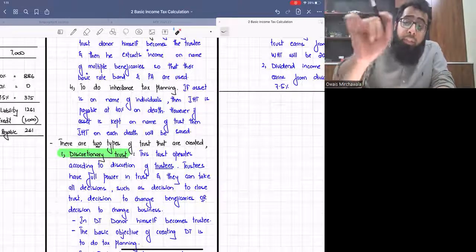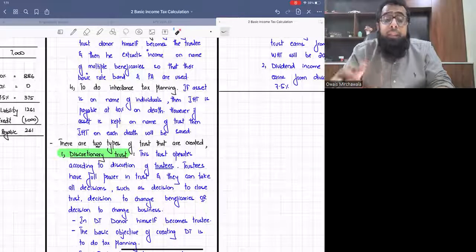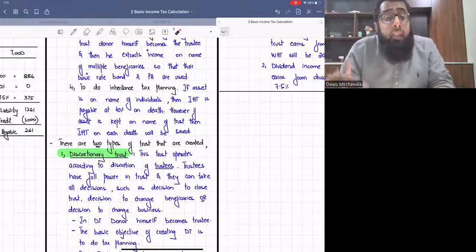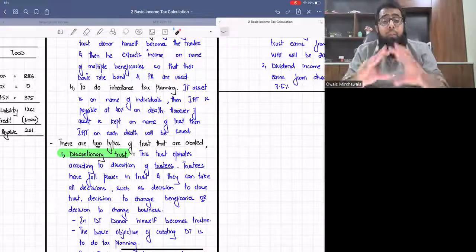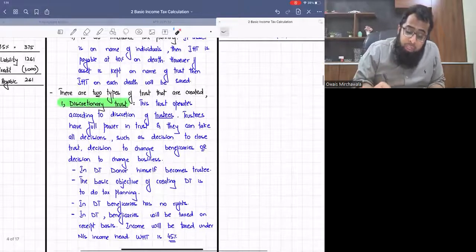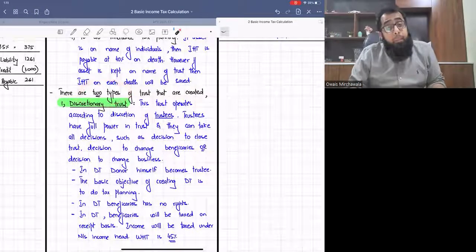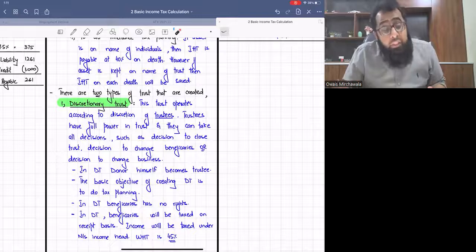While the first-time gift to the trust attracts inheritance tax, the inheritance tax on subsequent deaths will be saved. Okay, so for these reasons, trusts are created. Now, there are two types of trust which are created. The first one is called a discretionary trust.